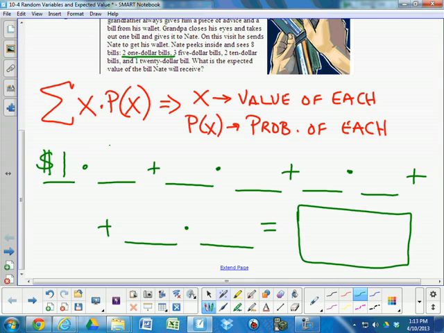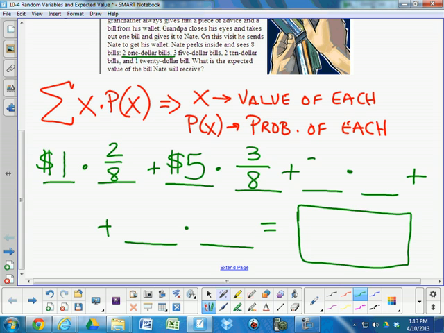Okay? Let's do all 8s to make it easy, instead of simplifying. What's the value of the next size bill? 5. How many are there? 3 out of 8. This is all you need to do for expected value. Take the value times the probability plus the value times the probability, and so on. How much is a $10 bill worth?